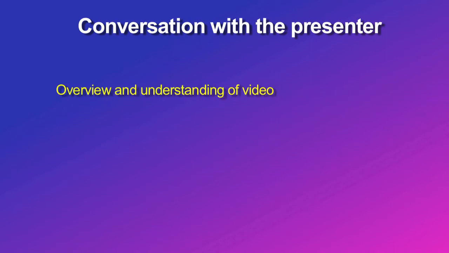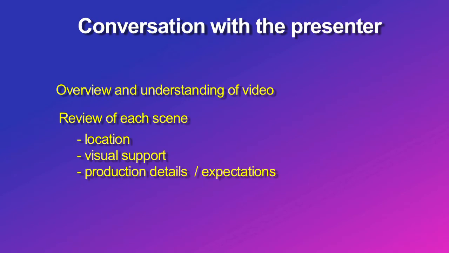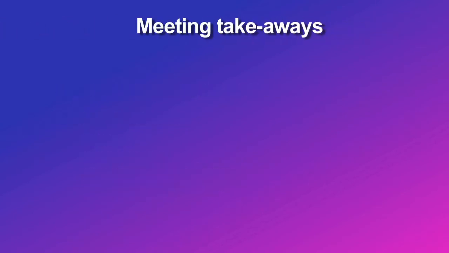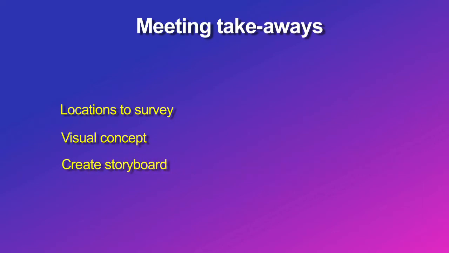This conversation must cover the following: general overview and understanding of the current video module, and a careful review of each scene to determine location, visual support, production details, and unique post-production considerations. From this meeting, the producer can determine locations to survey and an overall visual concept to eventually create a storyboard.